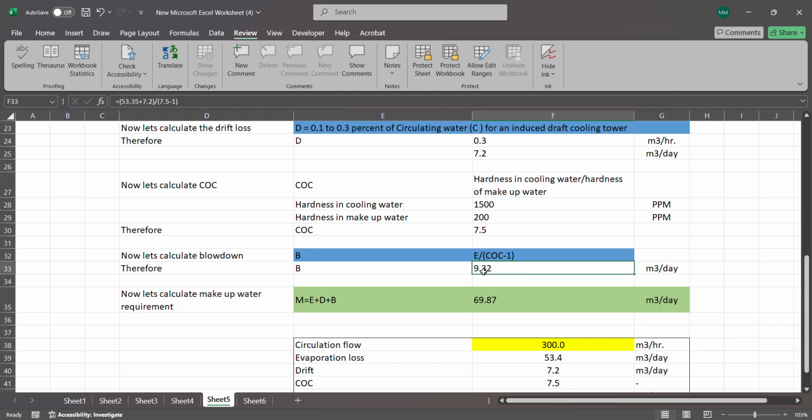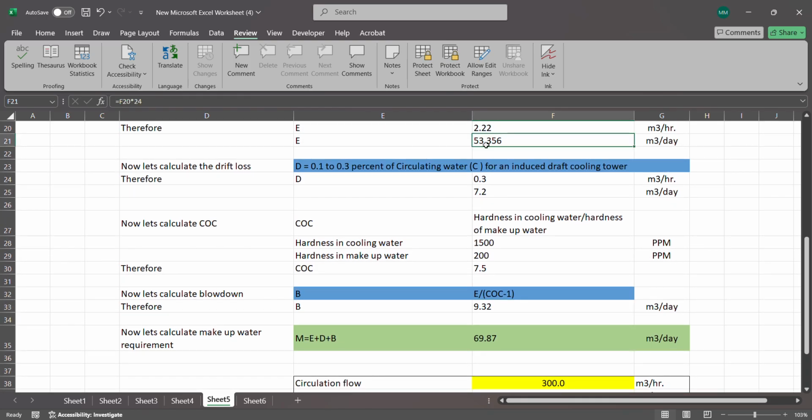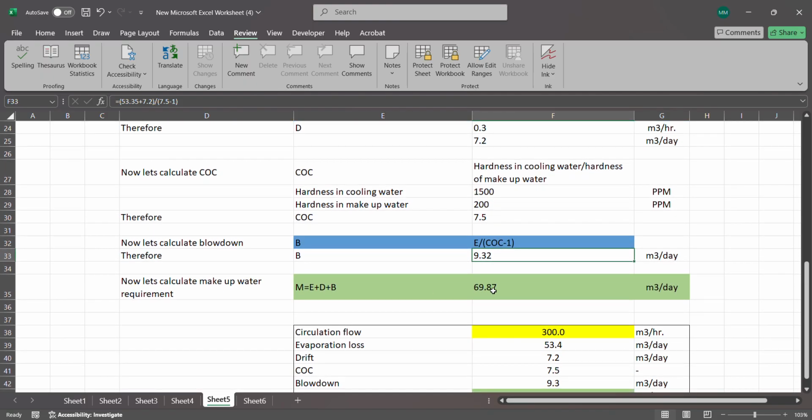For our case, we calculated 53.35 as our evaporation loss and 7.2 as our drift loss. Therefore 53.35 plus 7.2 upon 7.5 minus 1, we get a blowdown of 9.32 meter cube per day that we need to give for a 300 meter cube per hour cooling tower circulation.